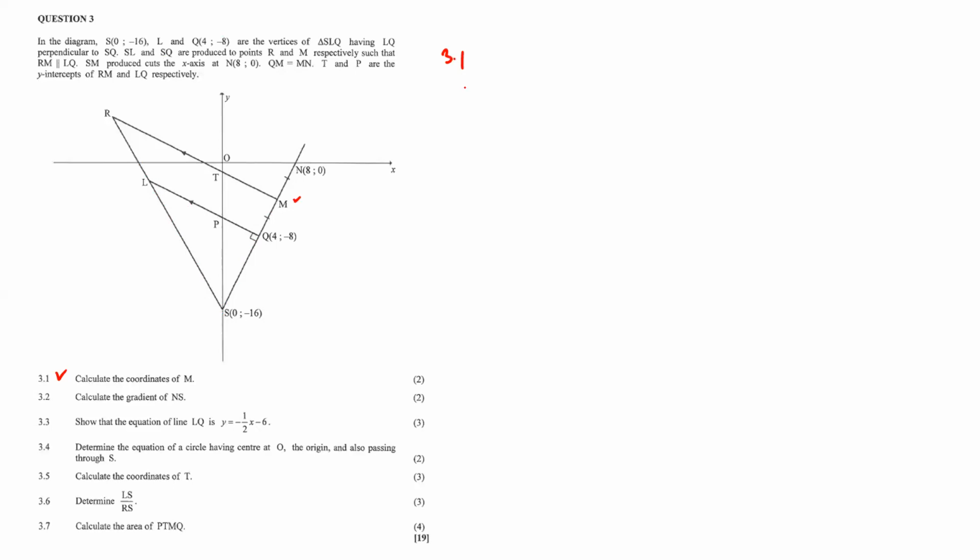The midpoint is found as follows: (x1 plus x2) out of 2, and (y1 plus y2) out of 2. We can choose one point to be (x1, y1) and the other to be (x2, y2).